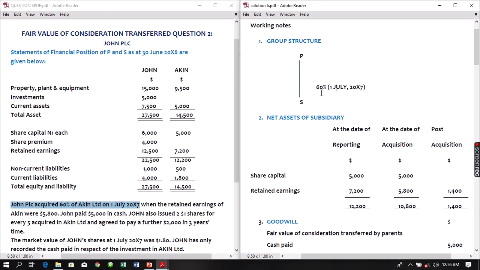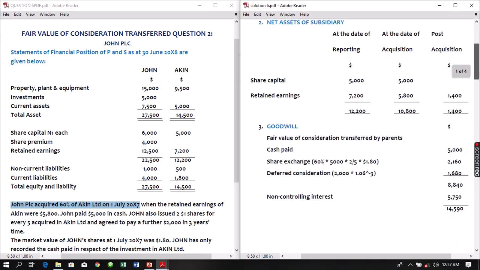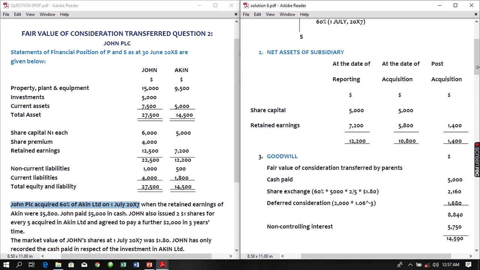If the parent acquires 60% of the equity share capital of the subsidiary, it means that non-controlling interest is 40%, because we said non-controlling interest is the portion of the equity capital owned by another shareholder aside from the parent. So if the parent owns 60%, NCI is 40%. After that, we move to working 2, which is to determine the net assets of the subsidiary.